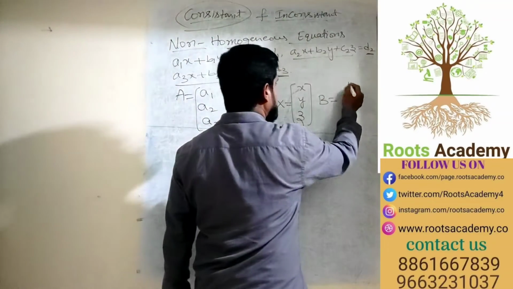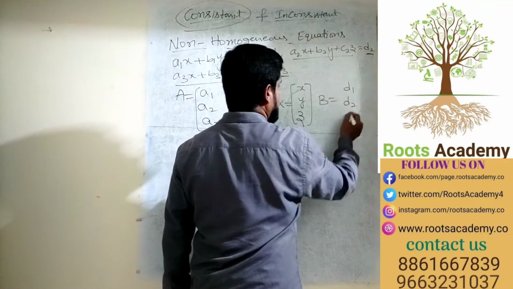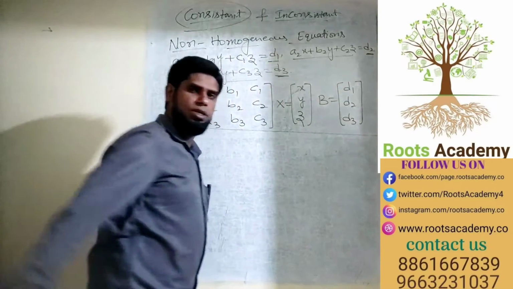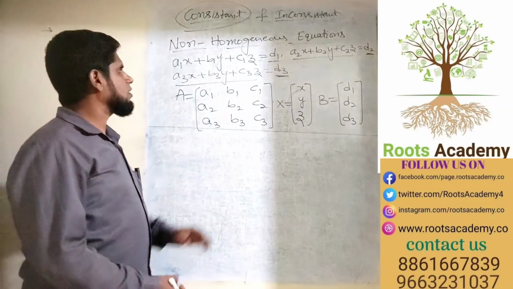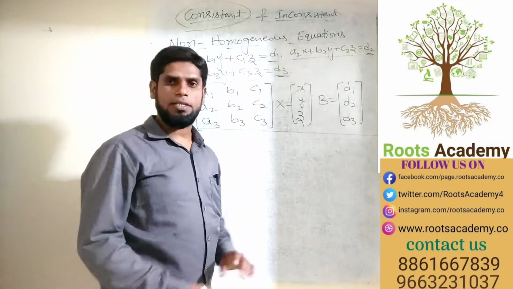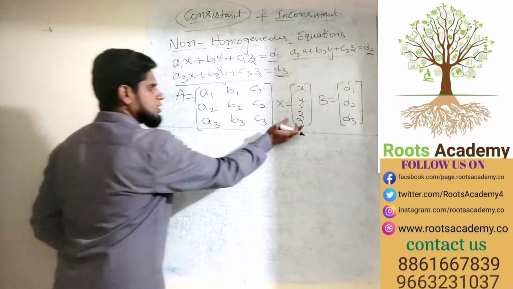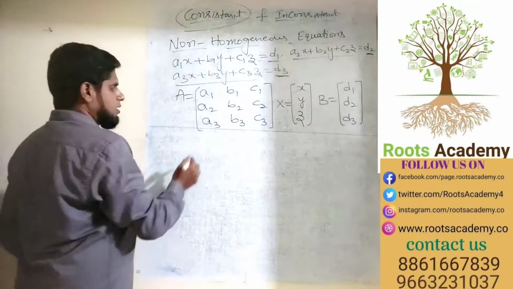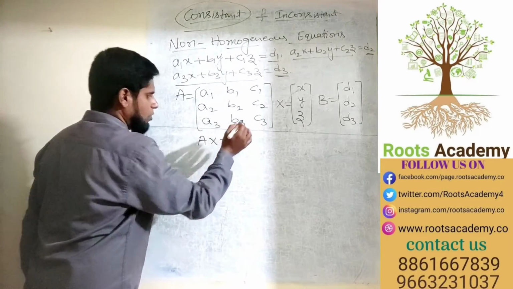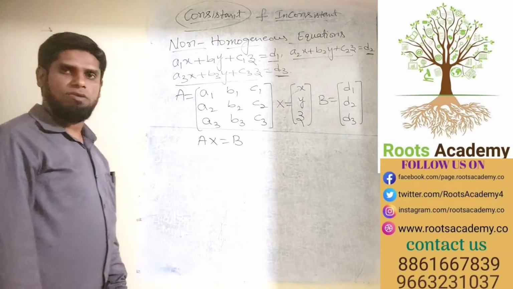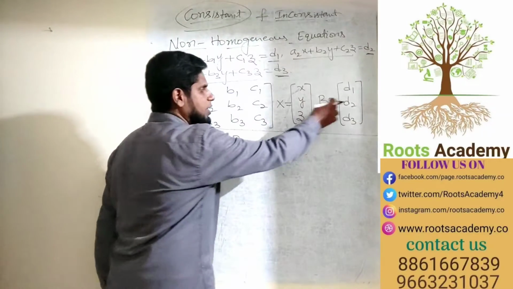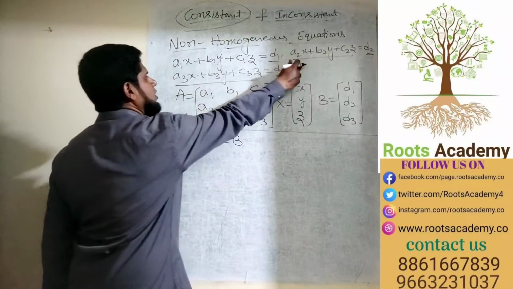What are those constants? d1, d2, d3 in a column. So whatever three equations were given, we have expressed in three matrices. If I see these three matrices, I can write this as AX is equal to B, because if I multiply these two matrices and equate with B, I will get these three equations.